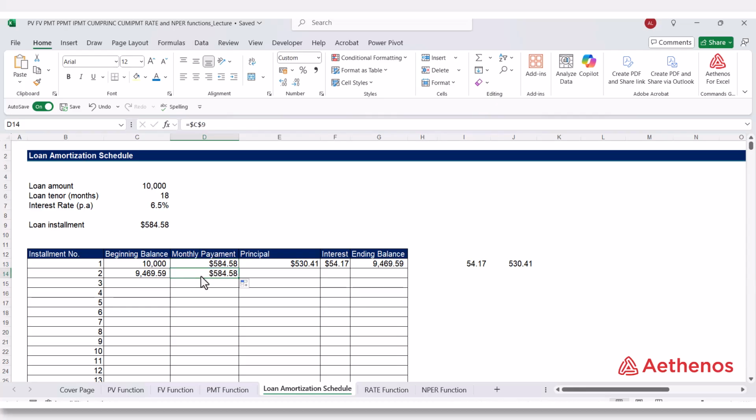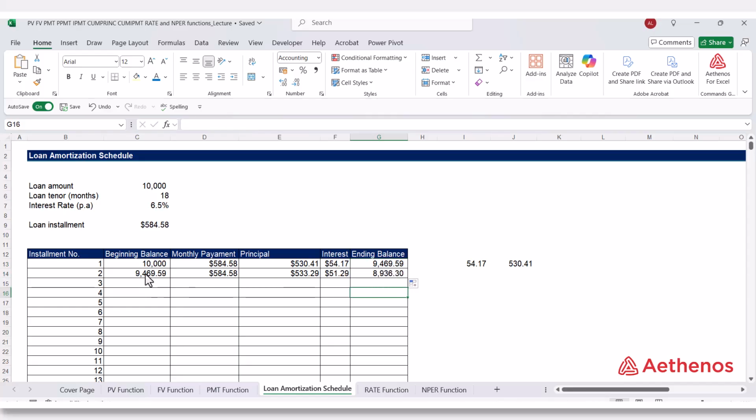Monthly payment is going to be the same, and principal payment I can copy it down, and the interest payment I can copy it down. So again, these are calculated. So the ending balance also I can copy it down like this.